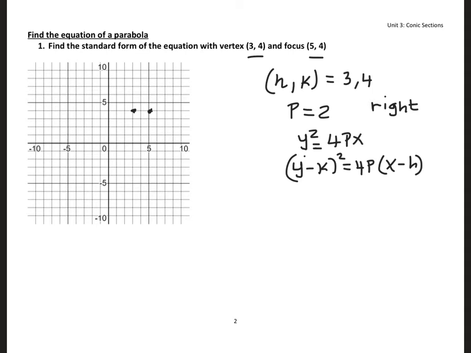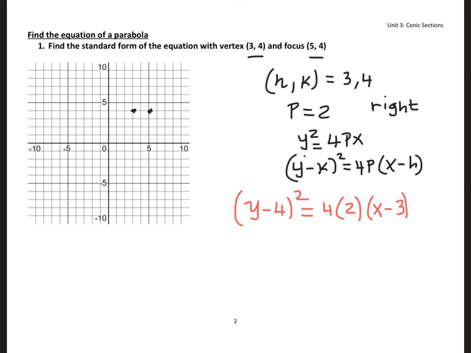All I need to do now is plug in the value of p. So it's going to be (y minus k) squared, and I don't want to use k this time because I already know k is 4, equals 4 times p, which is 2, times (x minus h).